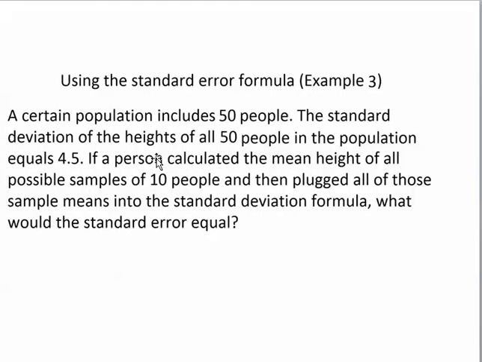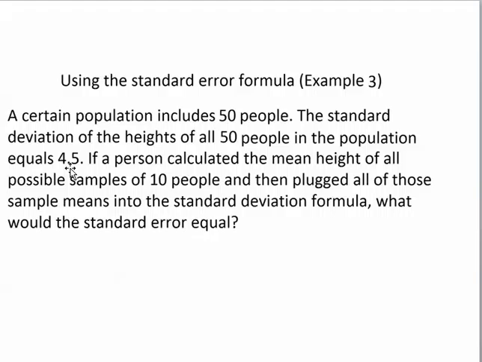So here's another example with that formula. If the population size is 50, if the people in the population have a standard deviation of 4.5, and someone actually calculated the means of all possible samples of 10, what would the standard error equal?